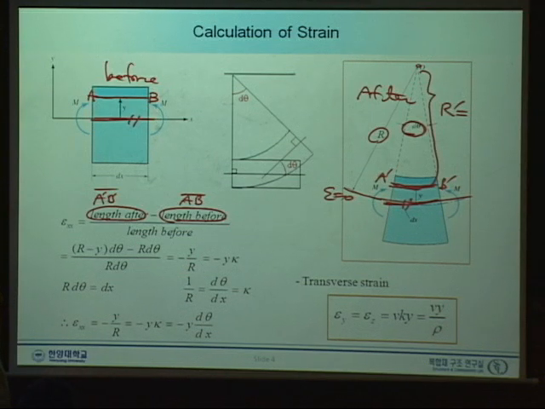So what is the length of this one? Well, simply R minus, this is Y. So this length, A prime B prime, is simply R prime d theta.